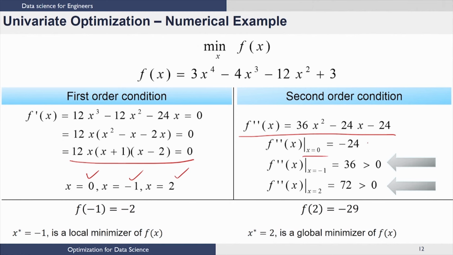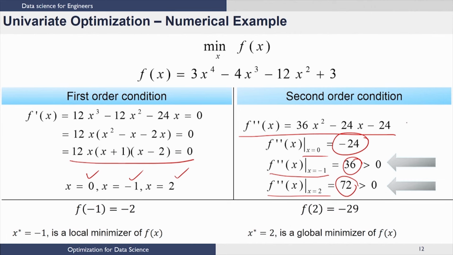In this case, this number turns out to be negative, which means that x is a maximum point, not a minimum point. Our interest is in minimization, and when we look at this f double prime at minus 1 and 2, the only thing we can look for is whether this number is positive or not. The actual numbers do not matter. So, in this case this is 36, this is 72, in both cases this is greater than 0.